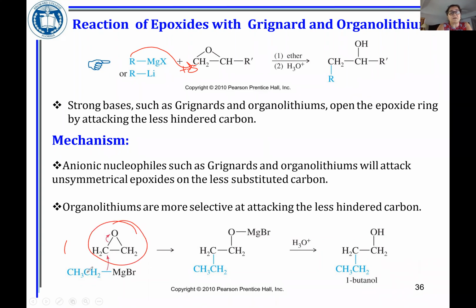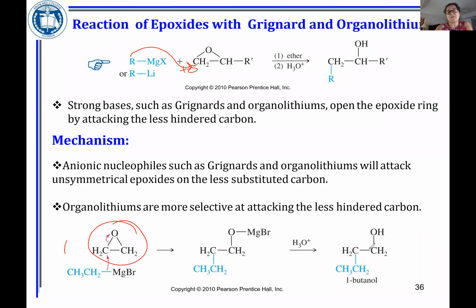So when you bring the Grignard reagent, you actually can get primary alcohol with addition of 2 carbons. In chapter 10, you learned about addition of Grignard to formaldehyde. It would give you primary alcohol with addition of 1 carbon. When you have oxidant, it will actually form primary alcohol with addition of 2 carbons.